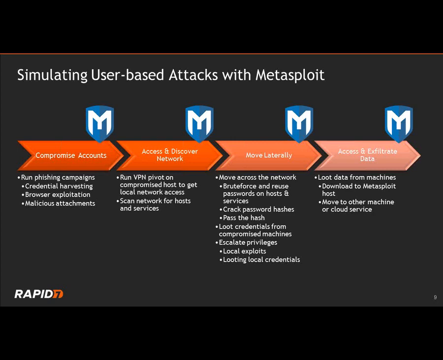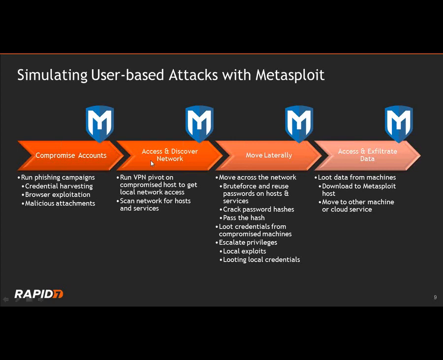You send people a phishing email, they click through, access that resource, and leave their credentials behind. We can also exploit the browser directly or use malicious attachments to get into the machine. Or in some cases we trick the user, for example, to execute a certain Java application that will give us local access to their system.